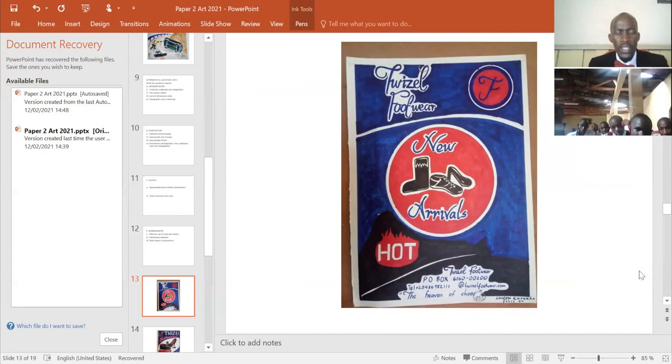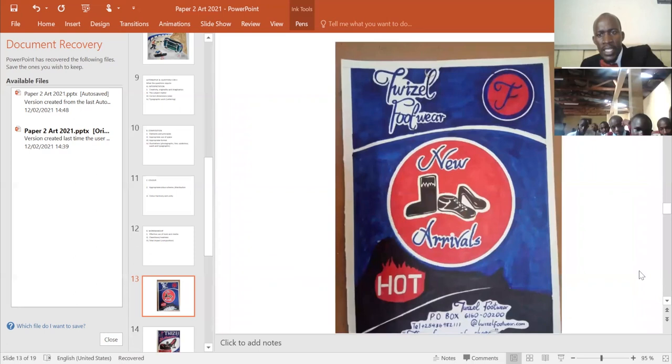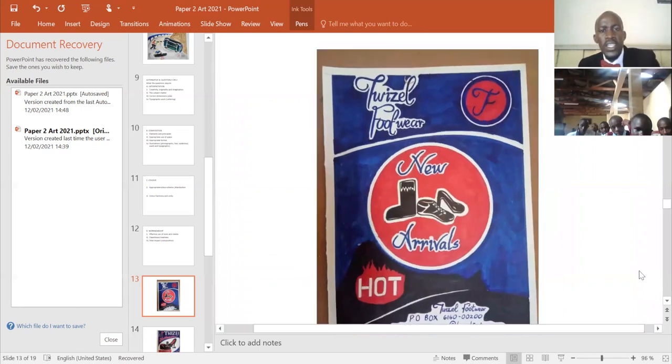Now, when handling such graphical work, you must understand the features of a poster. We've talked about the typographic illustrations. If you're able to see, the candidate created a poster titled Twizzle Footwear.